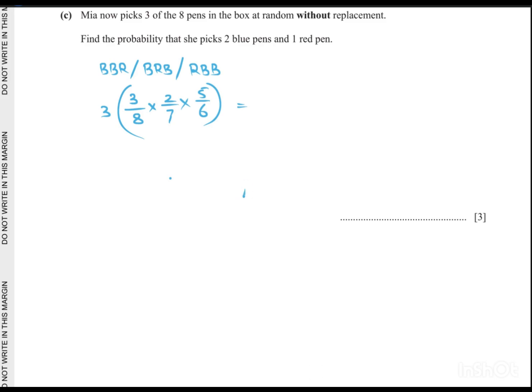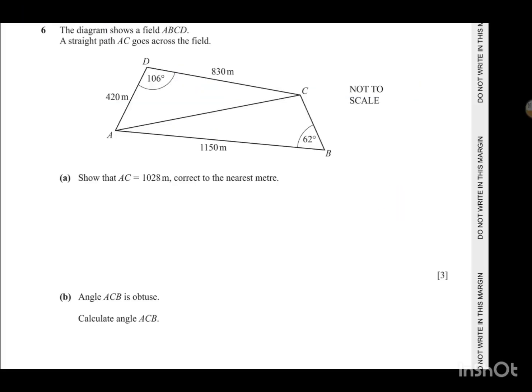Instead of adding 3 times I can do 3 into this. So now just do the calculation here. 2 times 3, 3 and 3 cancelled. You will get in the numerator 15 and denominator 56. So this is the probability, 15 by 56.